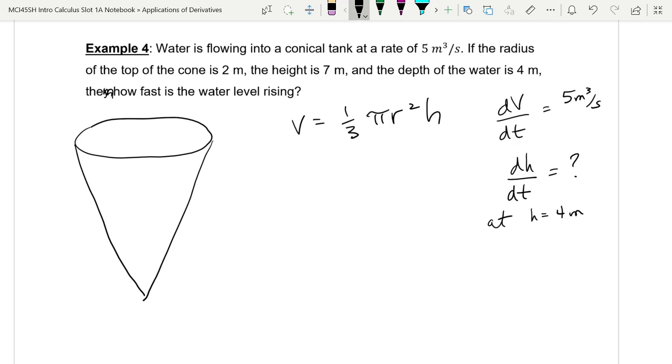And the radius, I don't know. Okay, I do know the entire cone though. Maybe I'll just put that on the diagram. For the entire cone, this radius here is 2 meters, radius at the top. And this height is 7 meters.